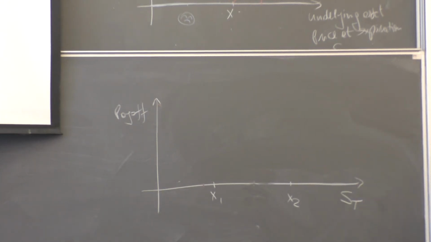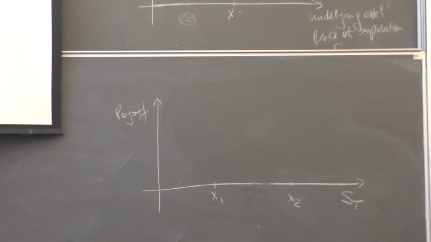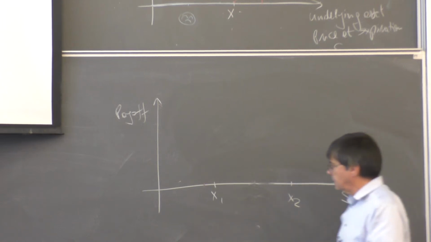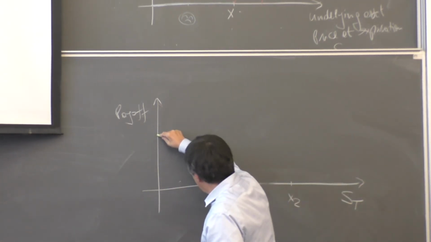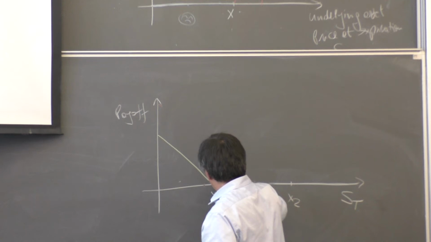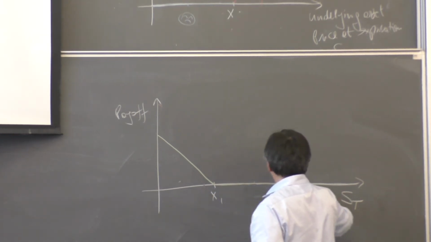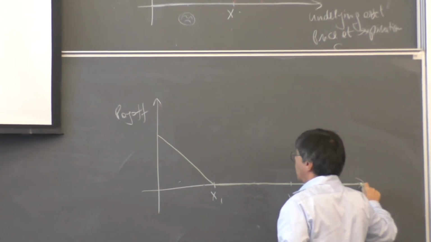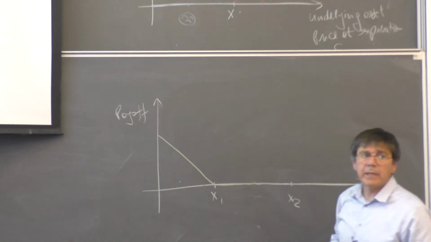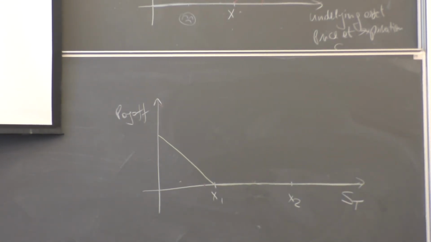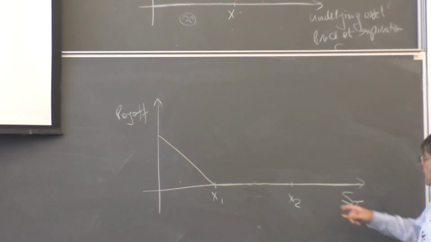I see two things. I see a put option with strike price X1. If I just look at that, I say at expiration, I'm going to have a payoff contingent on the underlying asset price, which is given by this green line.